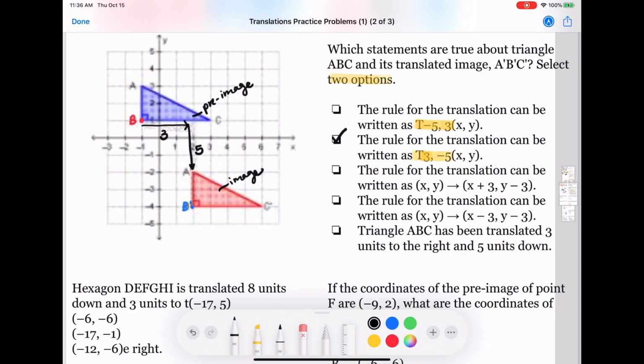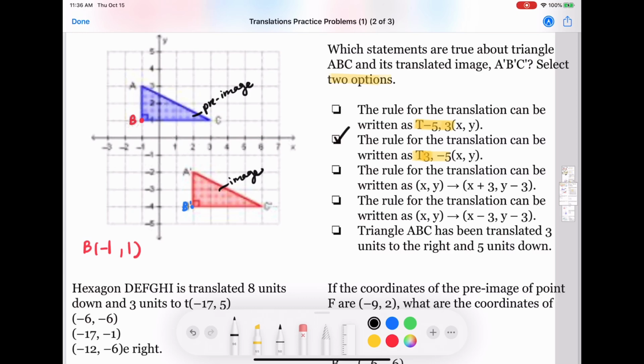However, we can also double check this just to be sure. The way that we can double check this is to identify where that original vertex lies. So B lies at -1 and 1.